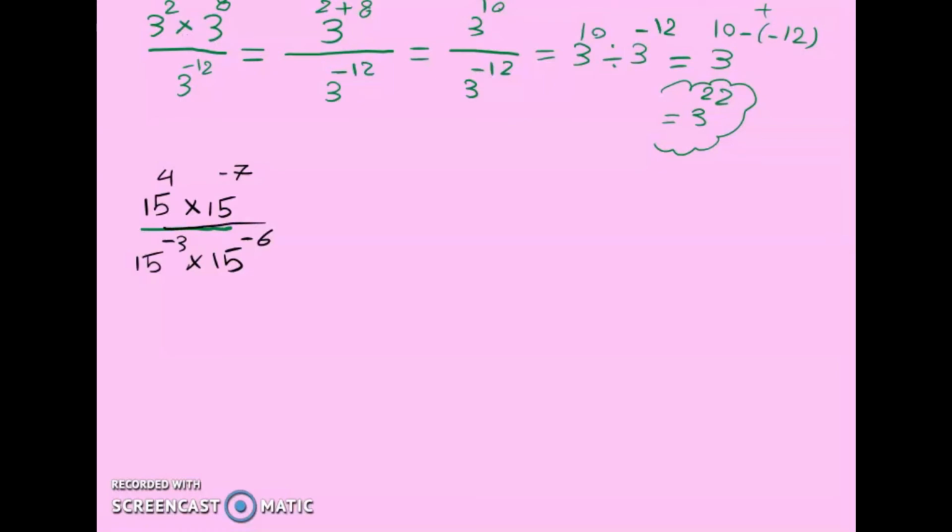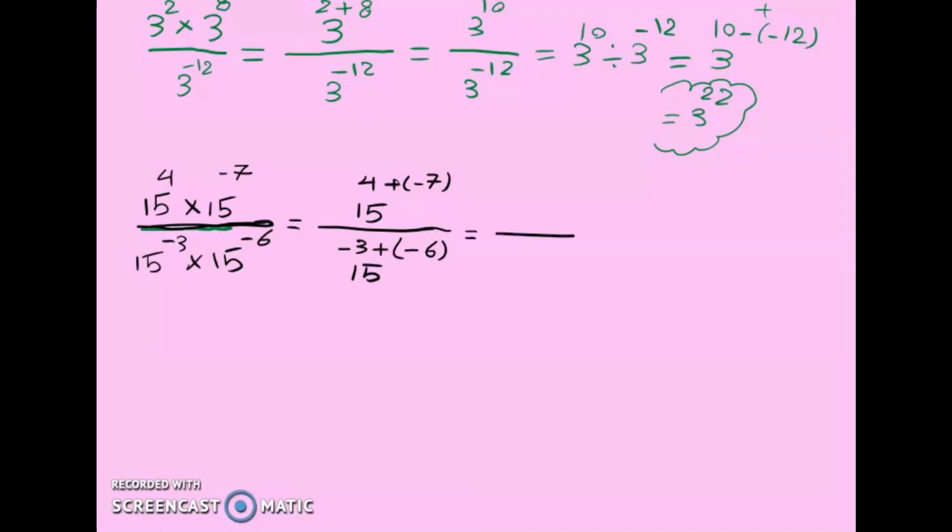We are going to simplify this expression as one single power. First start with the top. Top is multiplication. You write down one of the bases and add up the exponents, 4 plus negative 7. Again, the bottom is multiplication. The base is 15, and you add up the exponents, negative 3 plus negative 6.